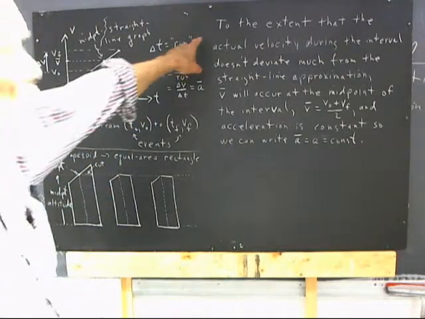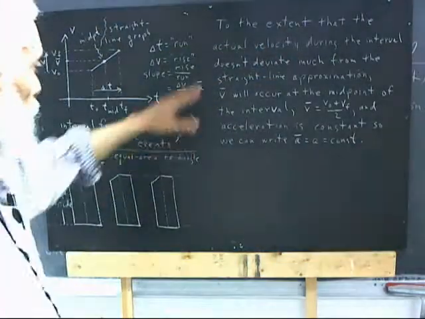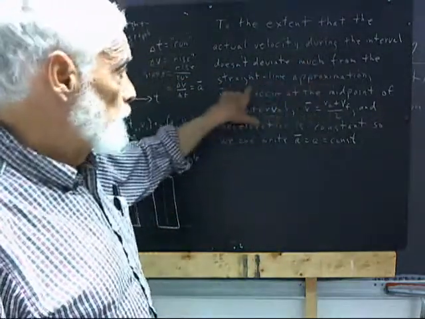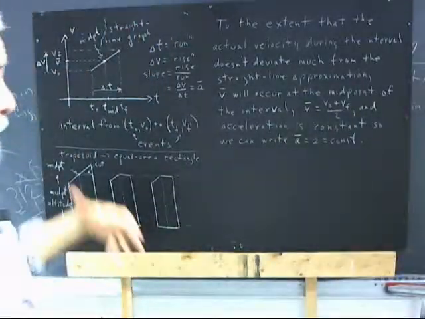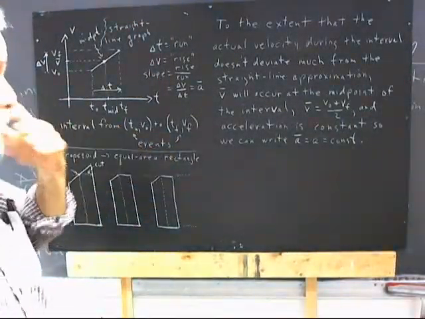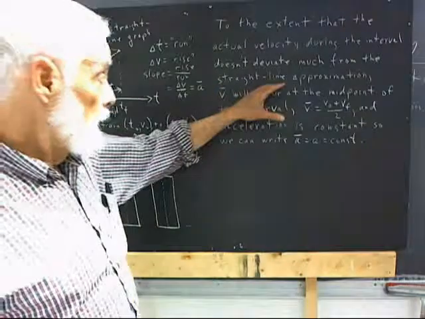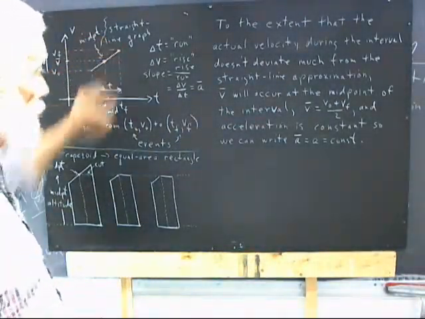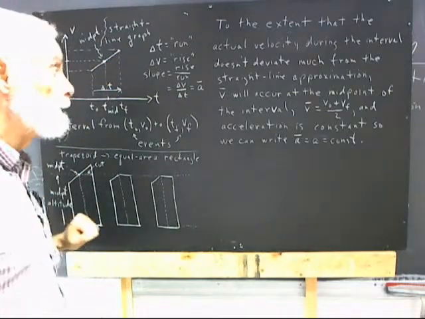Now, to the extent that the actual velocity during the interval doesn't deviate much from the straight line approximation, and in most real-world situations there is some deviation between the actual evolution of the velocity here and the straight line approximation.